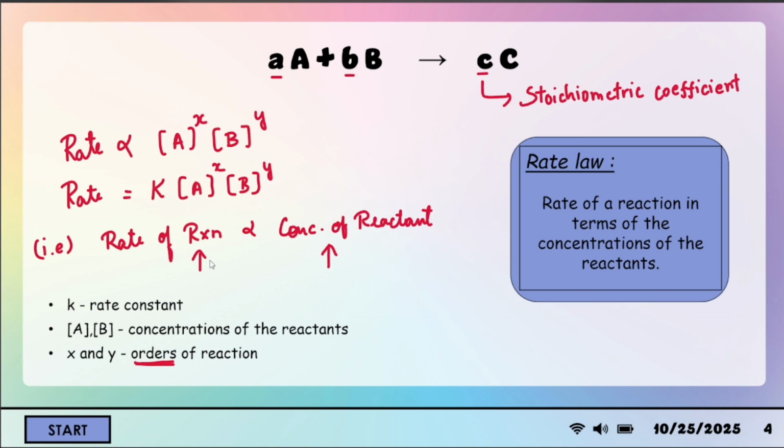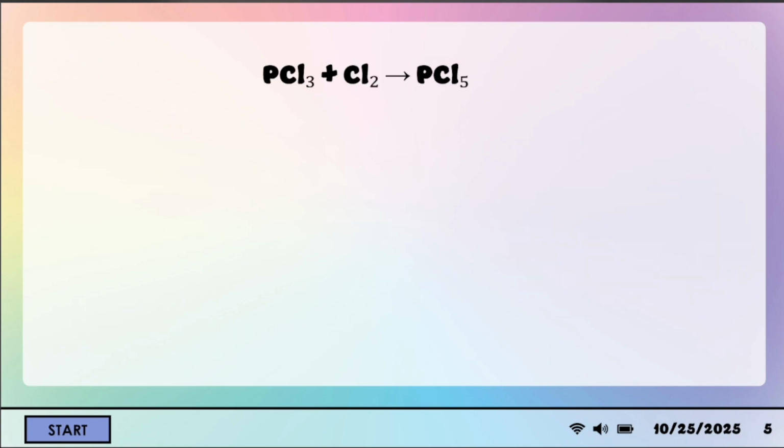Now let's see a simple example where most of the students get confused. Okay, for example, let's take this: PCl3 plus Cl2 gives PCl5. Here there are two reactants. One is PCl3 and the other one is Cl2. So when we see the stoichiometric ratios, all of them have stoichiometric coefficient 1. Okay. Now let's write the rate law expression for this reaction.